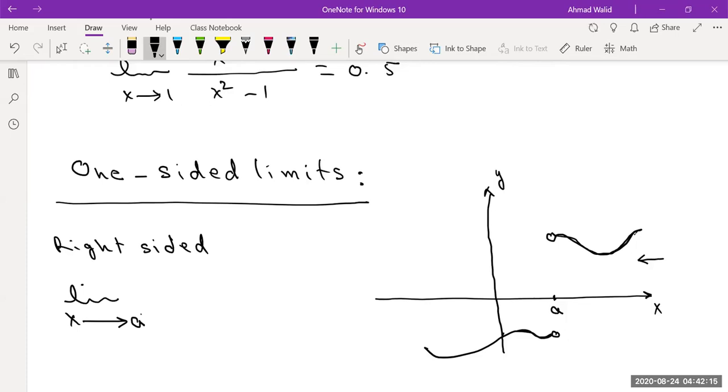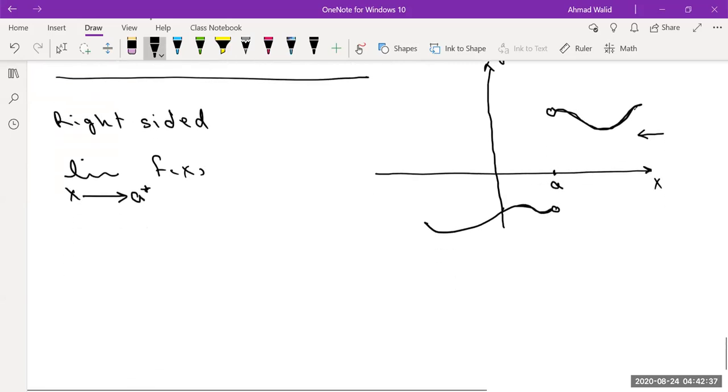You use a plus sign on the right side of the A on the top, not on the bottom. It means your X is approaching A from the right. The limit as X approaching A from the right of f of X of this function.